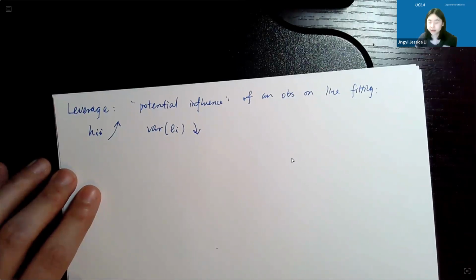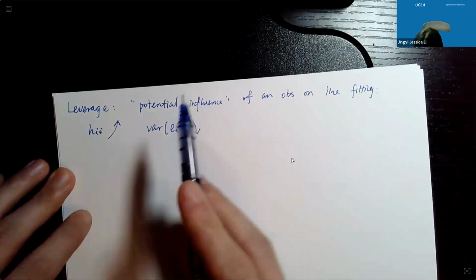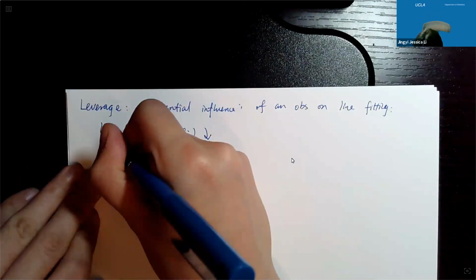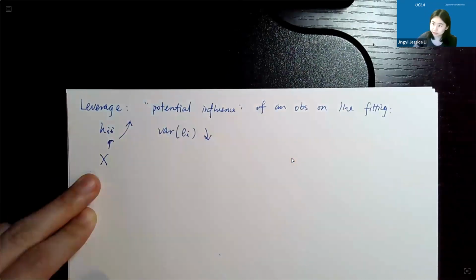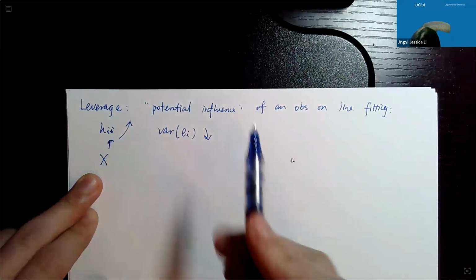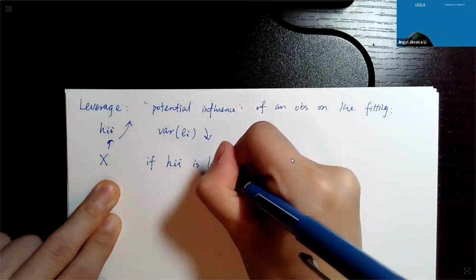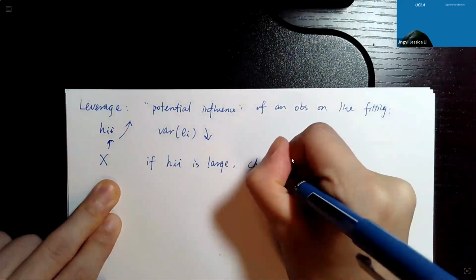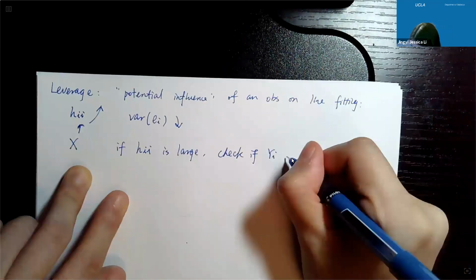They are not necessarily bad, but if a data point has a very large leverage, determined by the design matrix, given the design matrix, if one data point has large H_ii, we want to check if you think the measurement of Y_i is trustworthy.